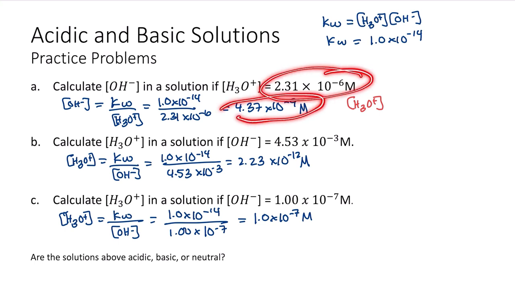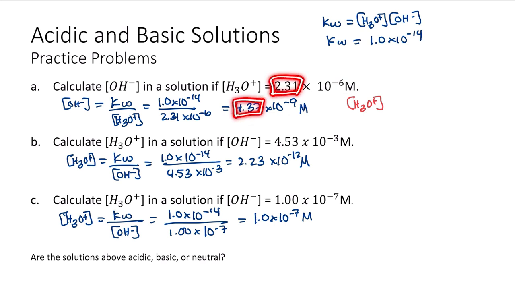When you are comparing these numbers, remember, we don't want to look at the number portion of it. We want to look at the magnitude of it. And the more negative your exponent is, the smaller the number will be. So in this first example, the concentration of hydronium ion is greater than the concentration of hydroxide. So that means we are dealing with an acidic solution.